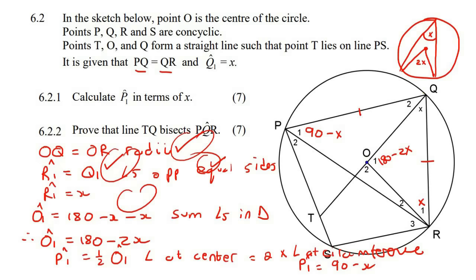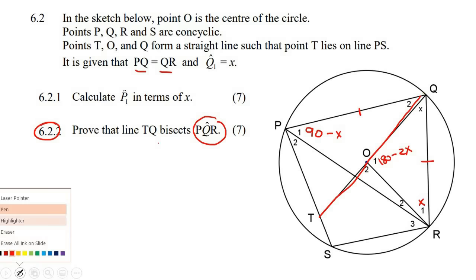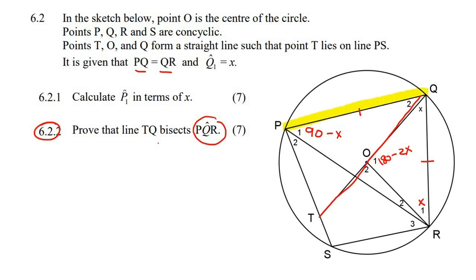Okay, so let's move on now to this question over here. Prove that the line TQ, which is this one here, bisects the angle PQR. PQR is here. They want us to prove that this line bisects this angle.